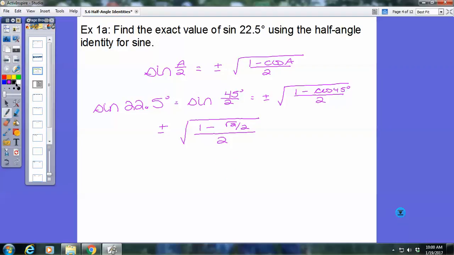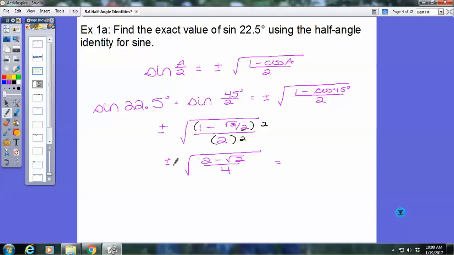Is it okay to leave a fraction in a fraction? No. How can I get rid of that? The denominator there is a 2, so let's take everything times a 2. So we have plus or minus square root of 2 minus radical 2 over 4.